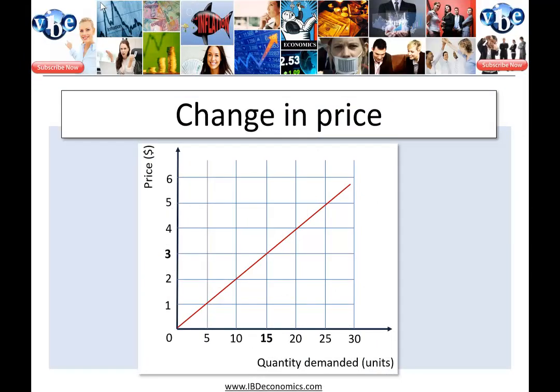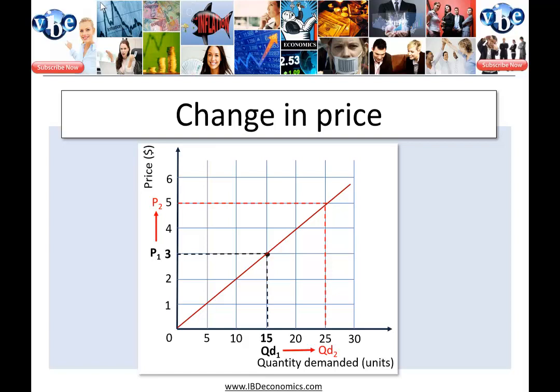On our supply curve, we can show what happens with the change in price. So here, at the price of $3, P1, 15 is quantity supplied. At P2, price increases to $5, shown by an arrow and labeled with a new price there, P2.